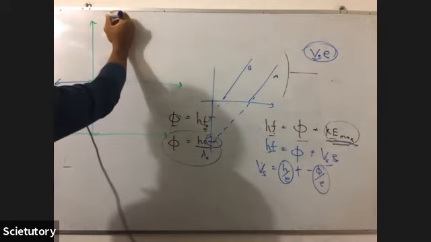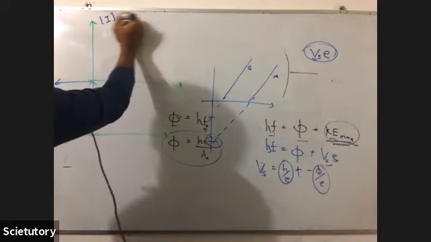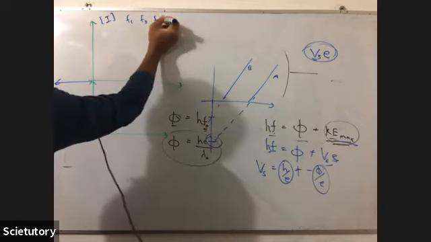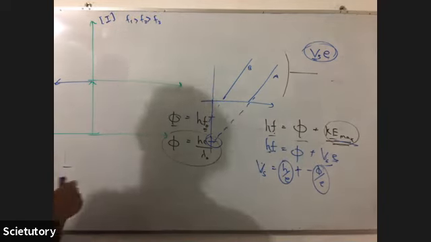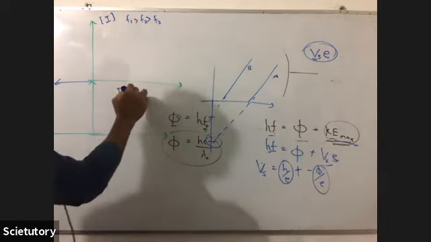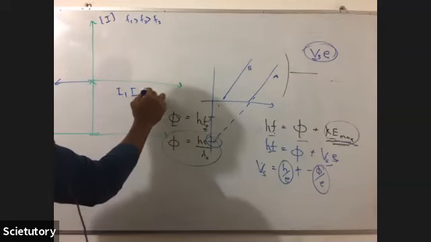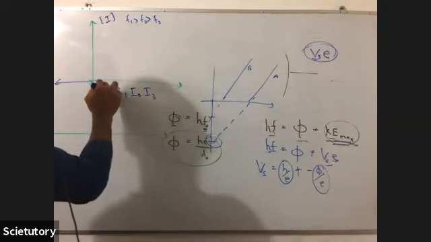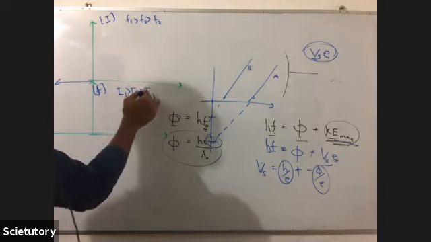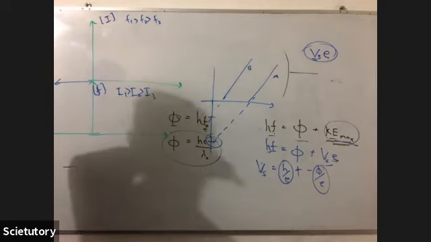Different frequencies, same intensity: f1, f2, f3, the relationship is like this. And I1, I2, I3 intensities, but f is the same, monochromatic, but different intensities.